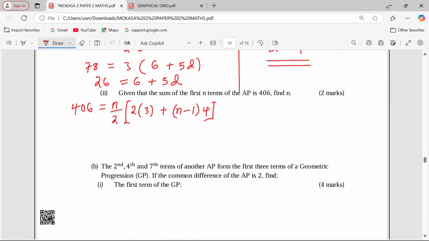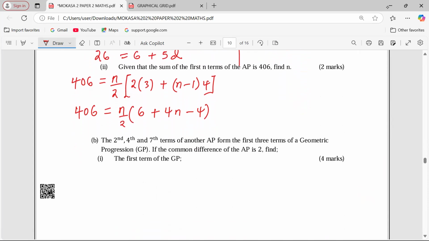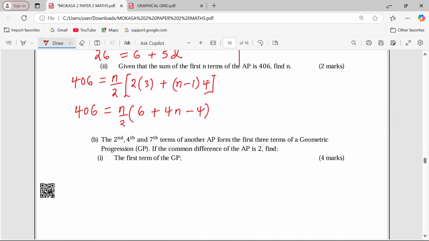So now we work with 406 equals n over 2 into 6 plus 4n minus 4. We can group terms and have 406 equals n over 2 into 6 minus 4, that is 2, plus 4n.